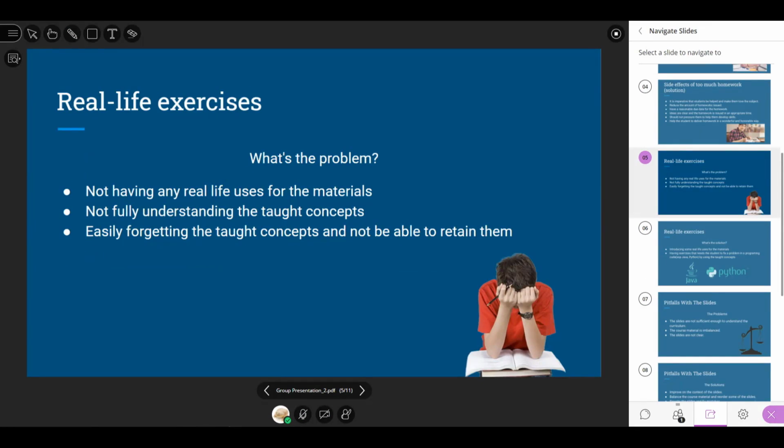The problem I'm presenting is real life exercises. Some of the course materials or contents don't present any real life usage for what they are teaching us.